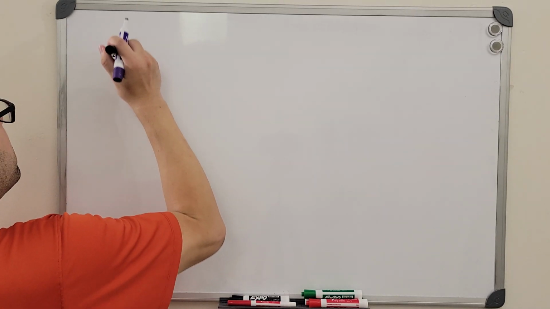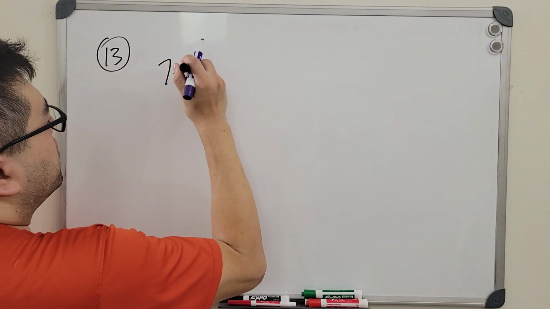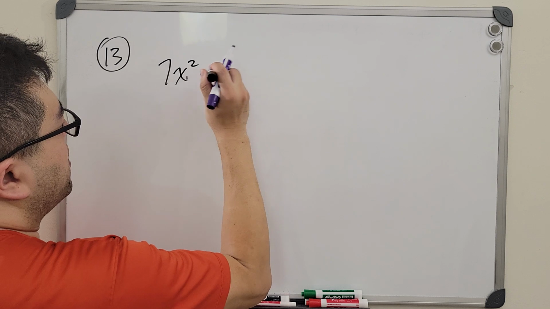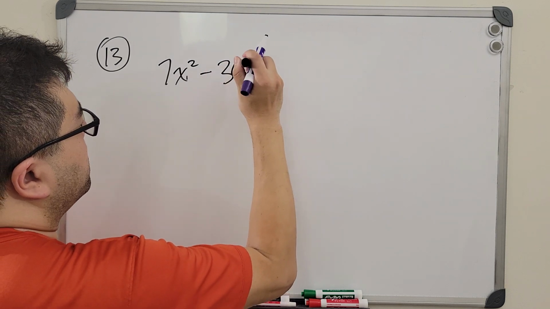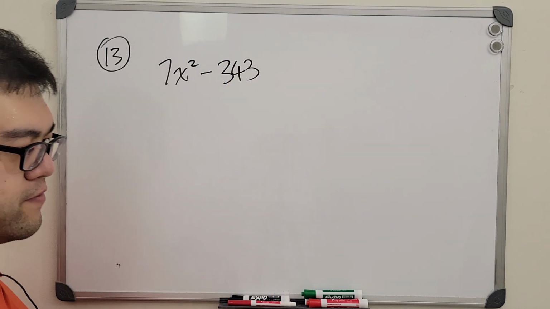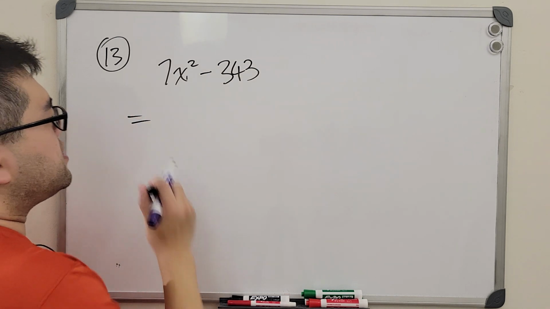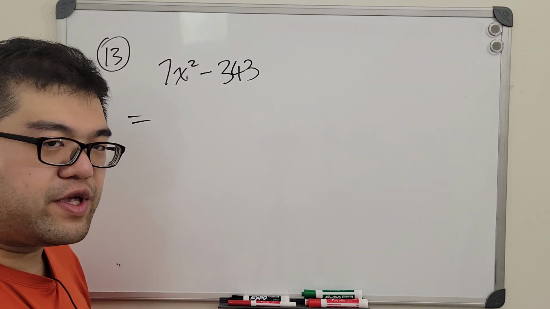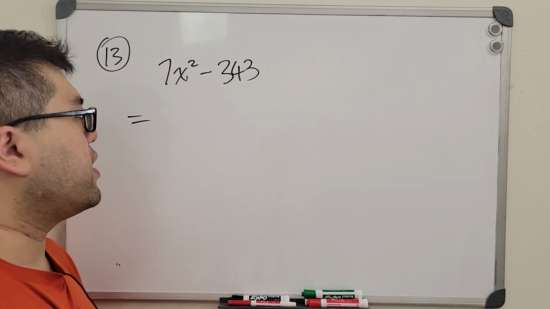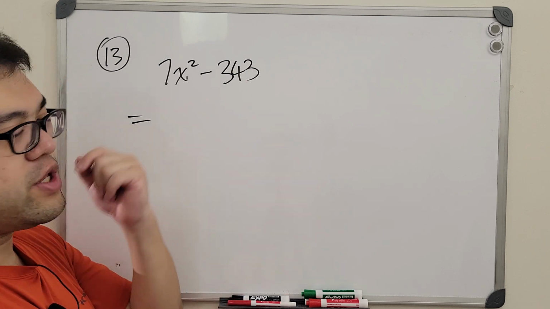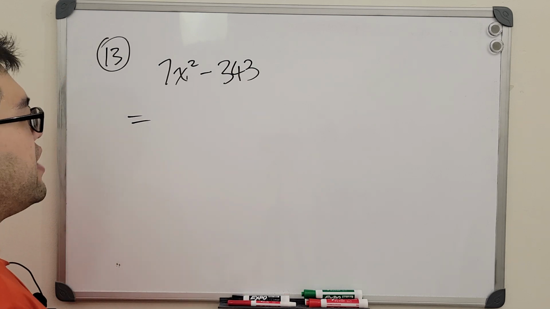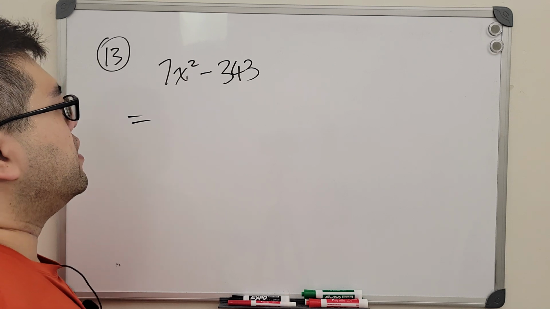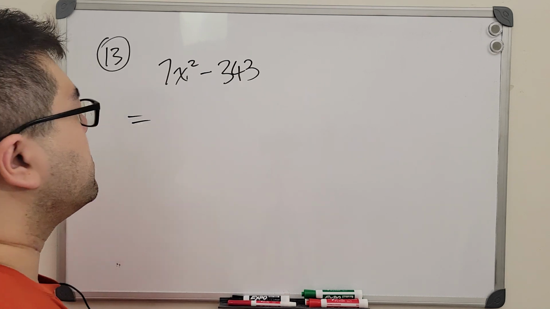Okay. Number 13. We have 7x squared minus 343. So if we see this, again, we have a 7 here, which is not a perfect square. We might as well try to see if we can factor out this 7 so that we will leave the first term into x squared.